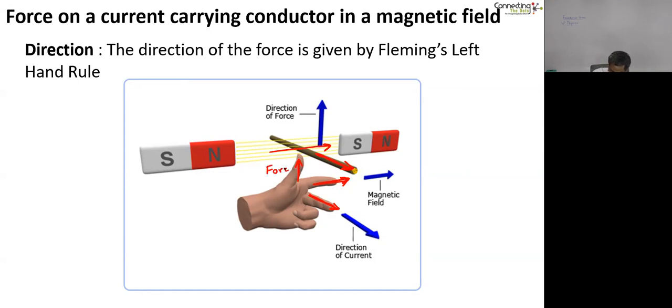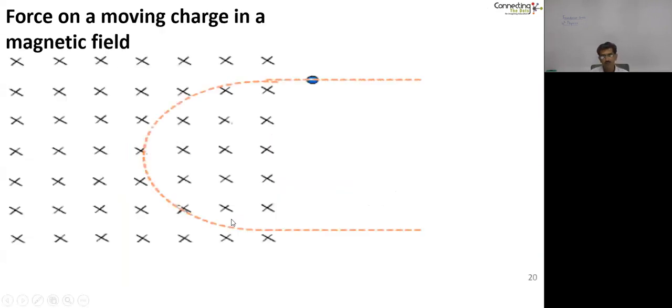Remember, we are trying to determine the direction of the force acting on the conductor. Earlier we determined the formula to calculate the magnitude. Now we are discussing the direction. So the left hand rule tells us how to determine the direction of the force.